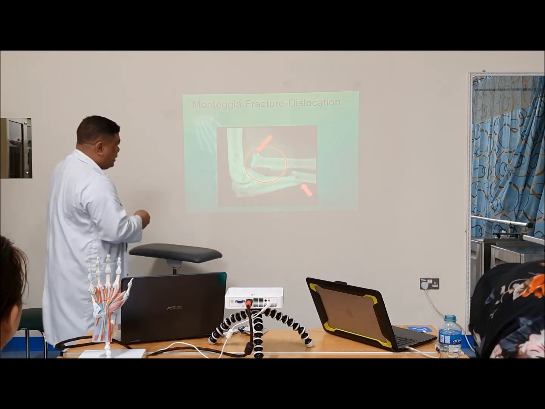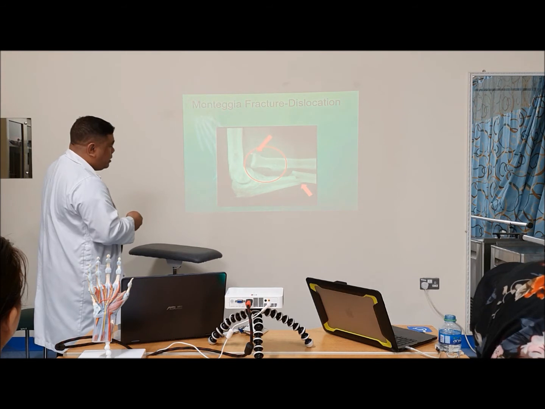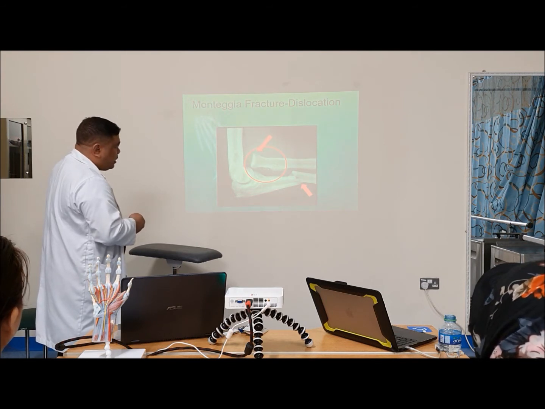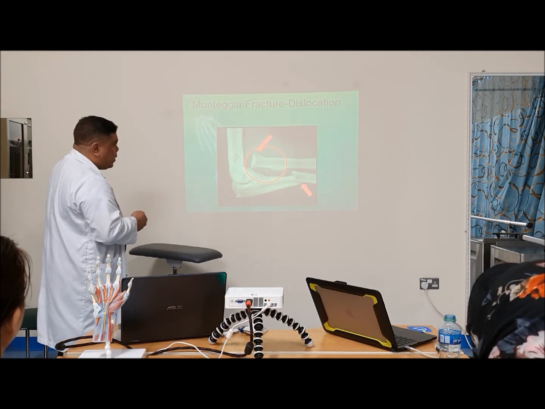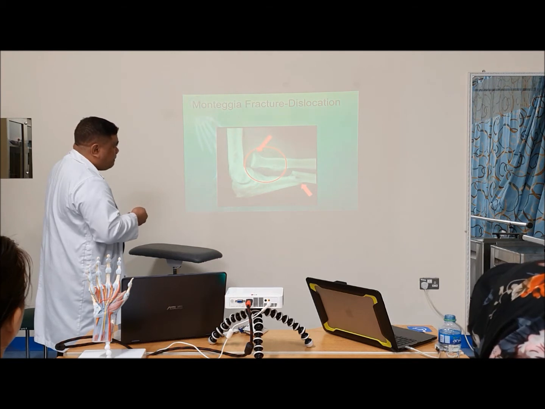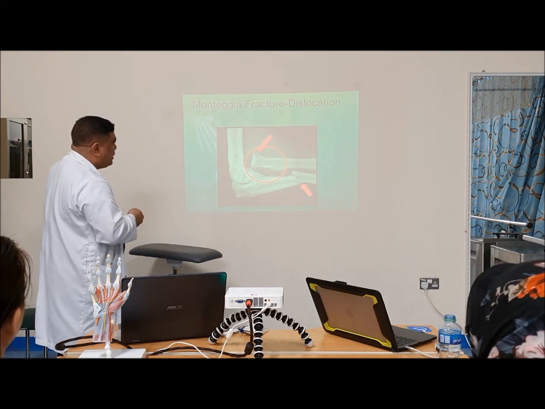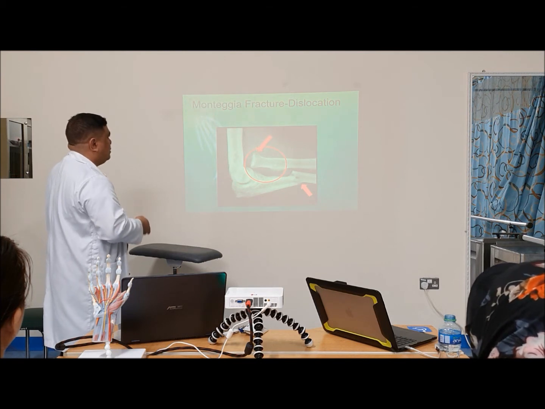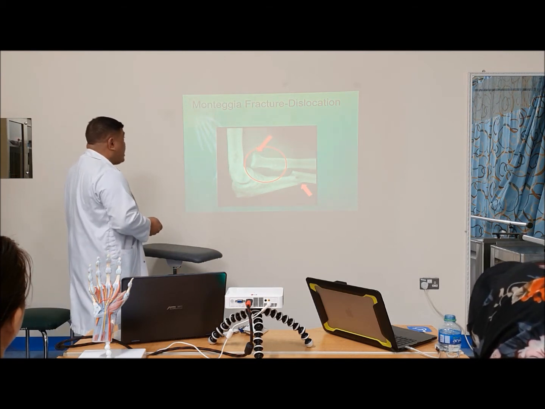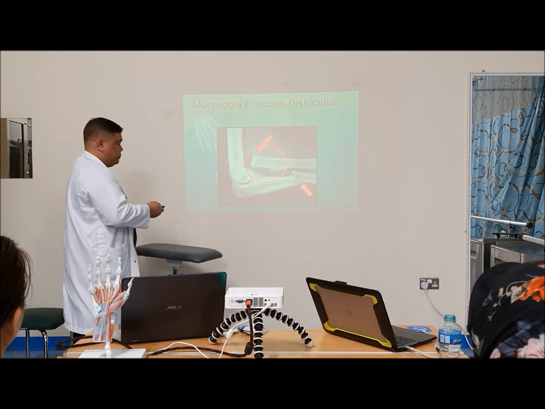As you can see here, the radial head should be situated in the radial facet. That's why it has a fracture of the ulna plus dislocation of the radial head. The Monteggia fracture dislocation.